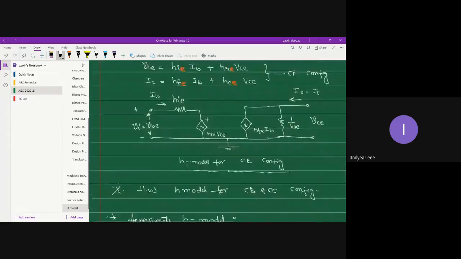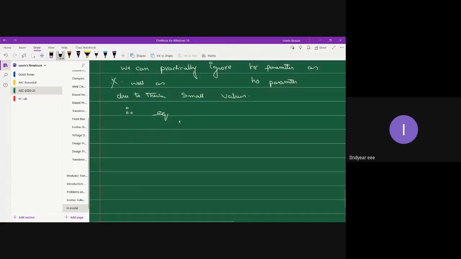So basically equation 5 and 6 become Vi is equal to Hi into Ii, and I naught is equal to HF into V naught.